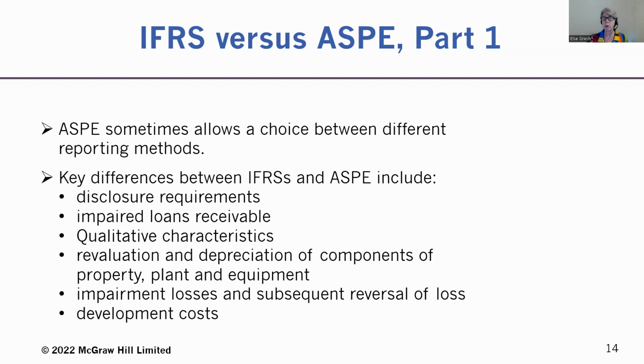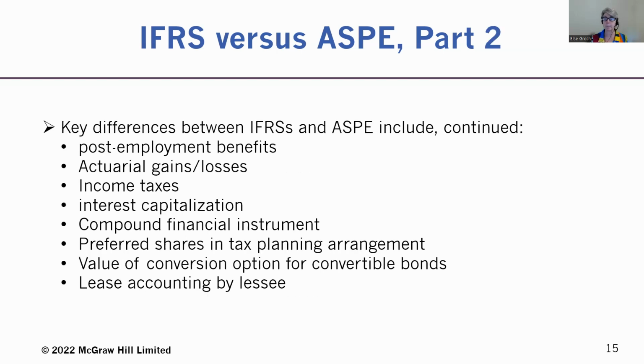Aside from note disclosure, there are some notable differences as you can see on this slide. For instance, IFRS allows the use of the revaluation model or the cost model to value long-lived assets, but ASPE only allows the cost model. Another example is development costs, which meet the criteria must be capitalized as an asset under IFRS, but under ASPE, development costs which meet the criteria can be either capitalized or expensed.